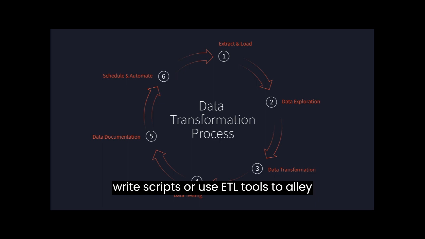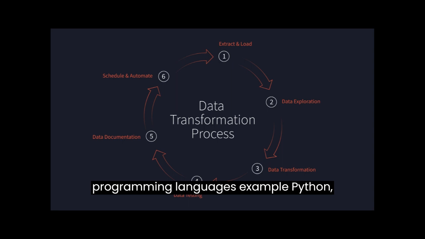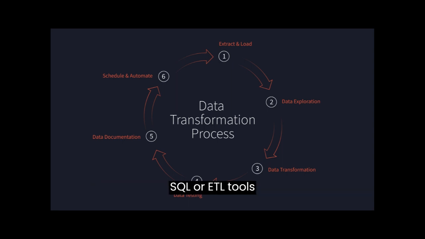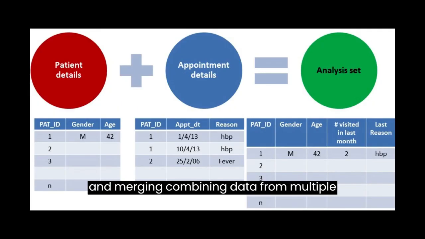Data engineers write scripts or use ETL tools to apply specific transformation logic to the data. This logic can include filtering rows, calculating derived columns, converting data types, and applying business rules. The choice of programming languages, for example Python, SQL, or ETL tools, for example Apache Spark, Talend, depends on the complexity of the transformations.